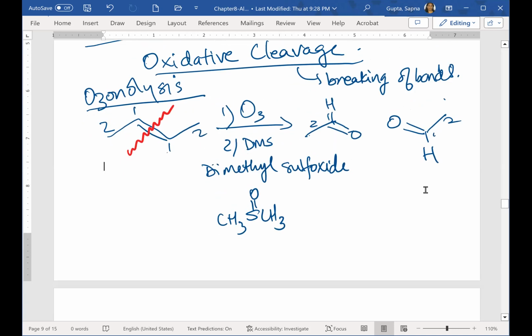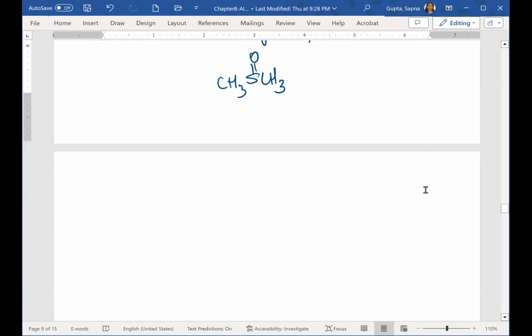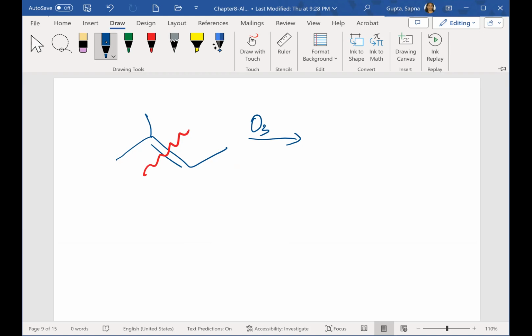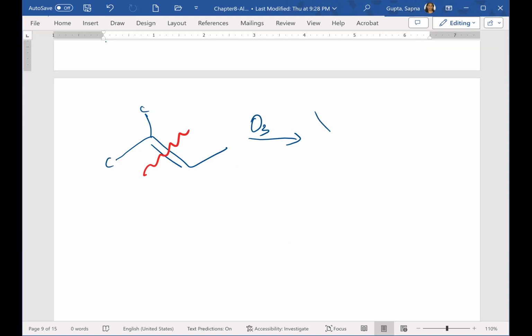So this is ozonolysis. What's happening? The double bond is literally breaking in here. So let's do another one. In this case, I'm going to take an alkene that is asymmetric now. When you do ozonolysis, again, you're going to cleave it. And now because you have a carbon here and a carbon here, you get this.